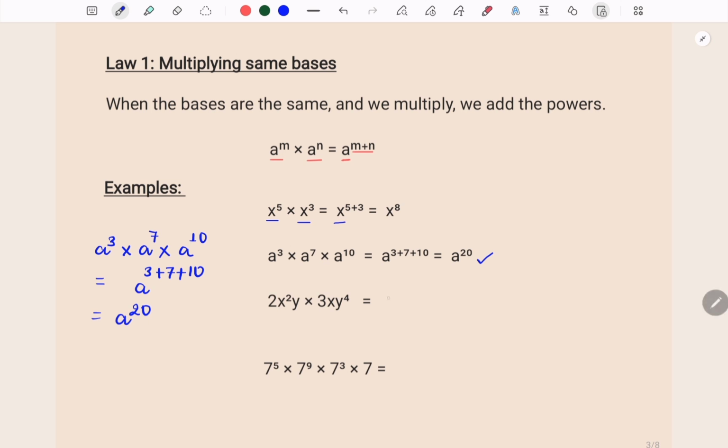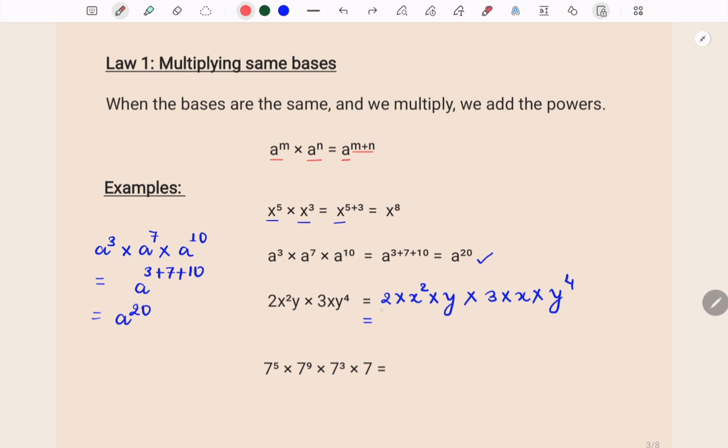We can write this as 2 into x squared into y multiplied by 3 into x into y raised to the power 4. So let's multiply the numbers first and then I will deal with the variables.